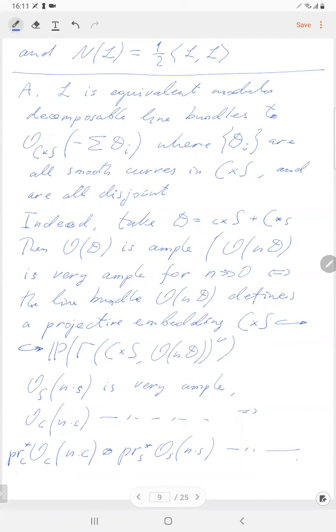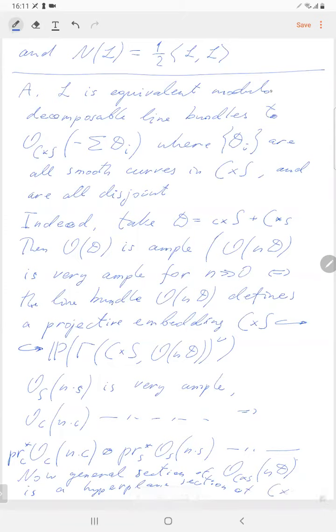Okay, so this we know, and there we are, because a general section of O_{C times S}(nD) is a hyperplane section of C times S in this projective embedding.